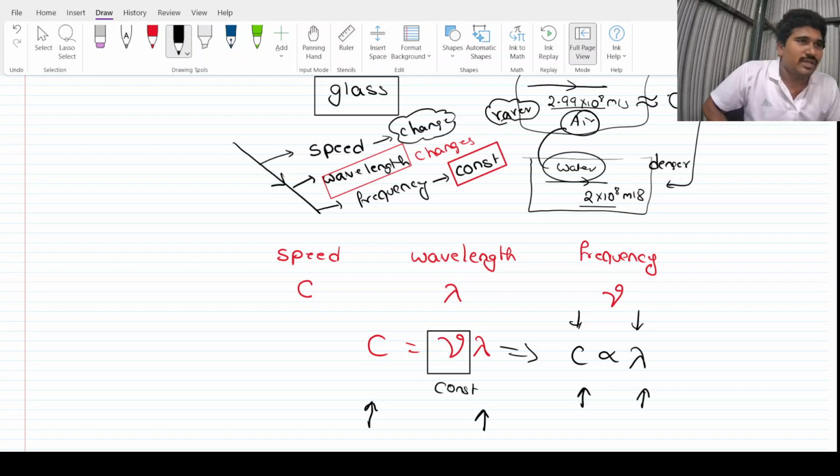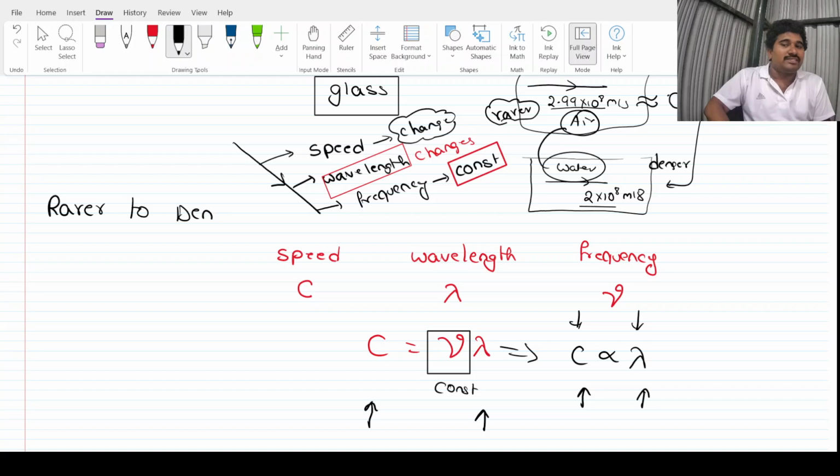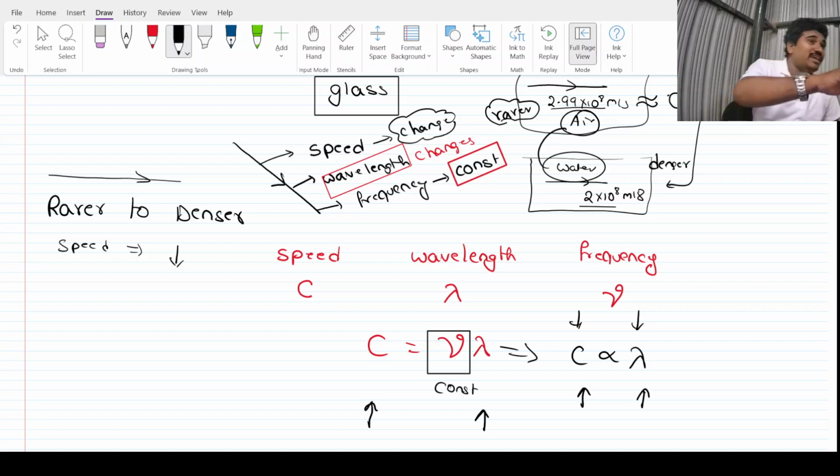Understood? Oh, if suppose I am traveling from rarer to denser, then what happens to the speed of light? The speed decreases, you said it: rarer to denser, speed decreases. Then what happens to the wavelength? The wavelength also decreases.